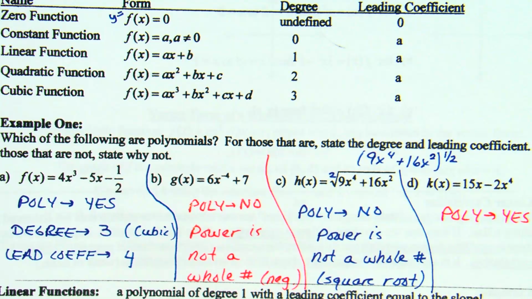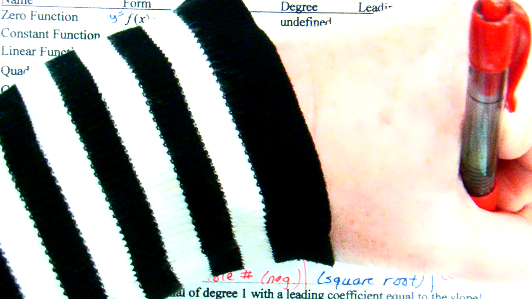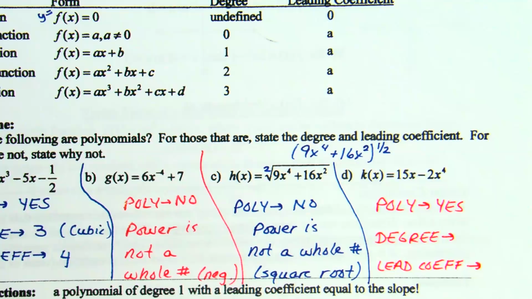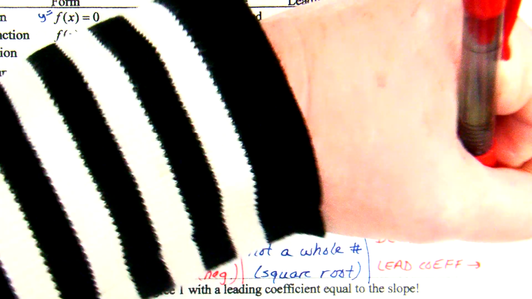So now, that means you have to be able to answer what is the degree and what is the lead coefficient. Degree is 4. Why is the degree 4? It's the highest power. Very good.